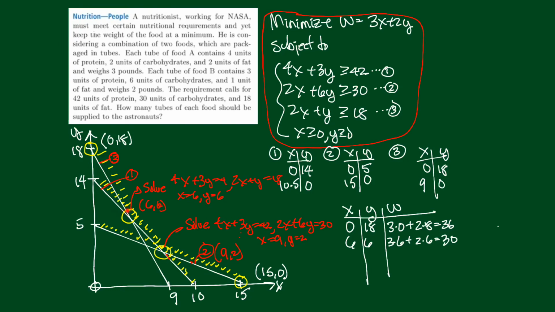Now let's move farther down. That's 9 and 2. So that's 9 for x, 2 for y. So we'll have 3 times x, but x is 9, plus 2 times y, which is 2. So we're going to end up with 27 and 4 is 31.